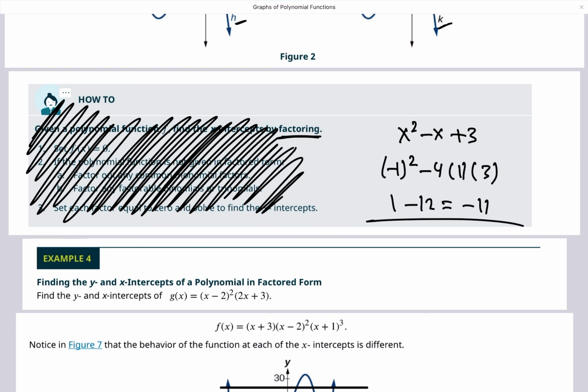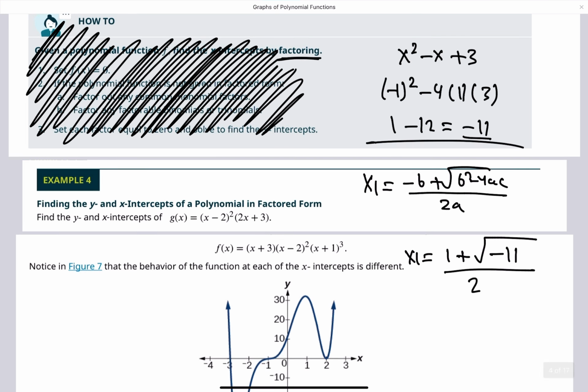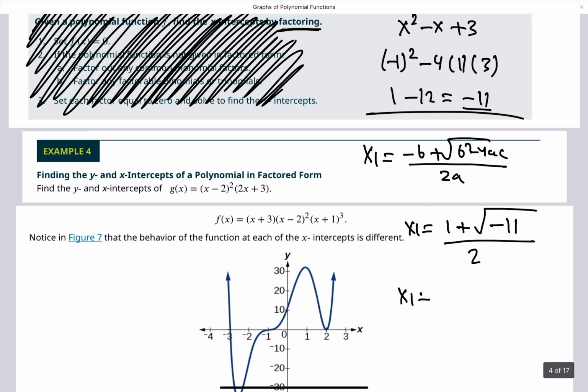In this case, we have x1, which equals negative b plus square root b squared minus 4ac, divided by 2a. Now, x1 equals, what is negative b? It's simply the negative of negative 1, which is 1, plus, what is b squared minus 4ac? It's negative 11, divided by 2 multiplied by 1, correct? So x1 equals 1 plus, what is square root negative 11?